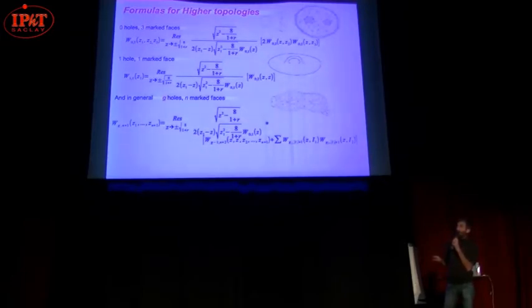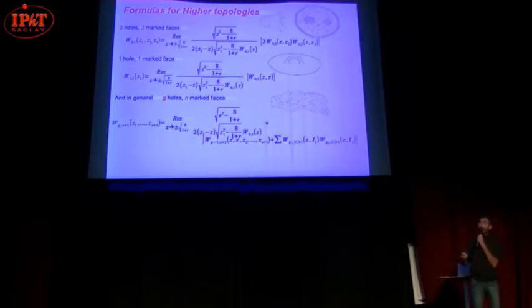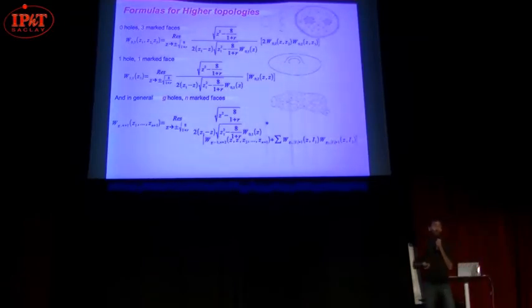All the WGNs that appear in the right-hand side have lower Euler characteristic than the one you want to compute. So if you want to compute a WGN, you can do it by this formula in a number of steps equal to the absolute value of its Euler characteristic. And you can compute all of them in this way.